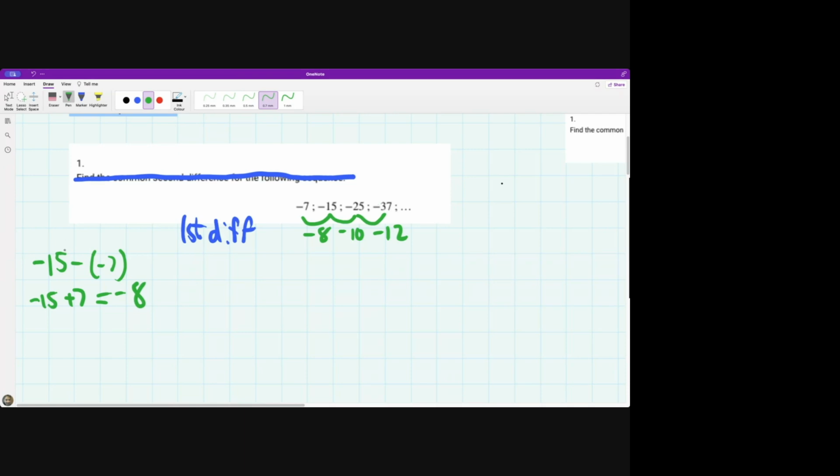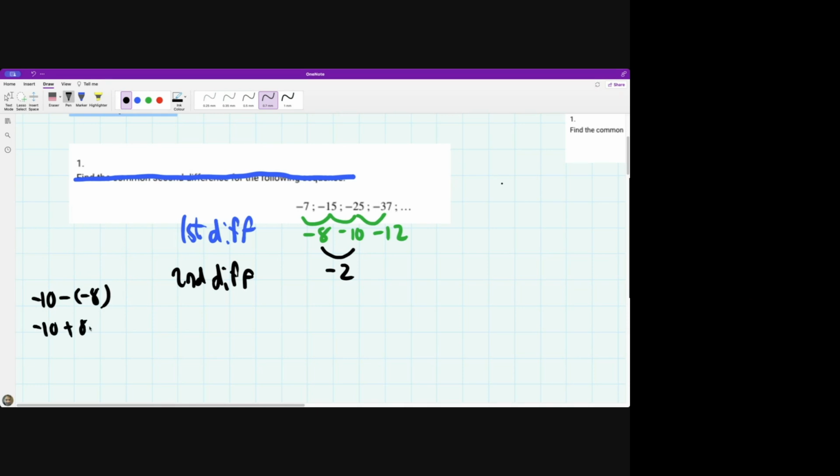Okay, now, if the first difference is not constant, we need to look at what we call the second difference. It's where we subtract the first differences. So if I go from minus 8 to minus 10, I can see I've lost 2, or I've taken away 2. Another way of doing this is to say minus 10 minus minus 8, which is the same as minus 2.